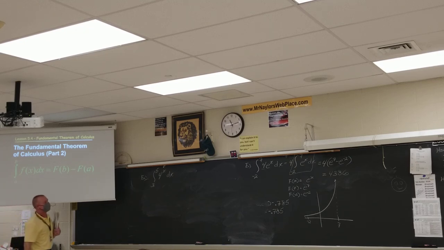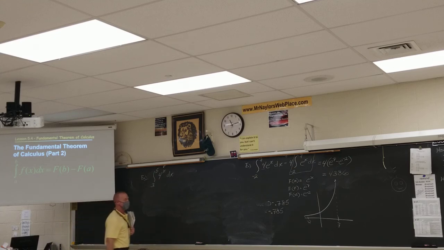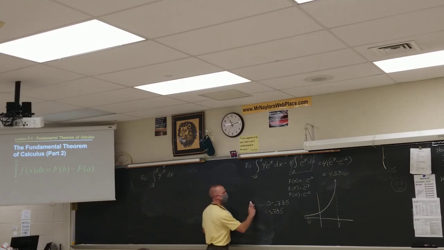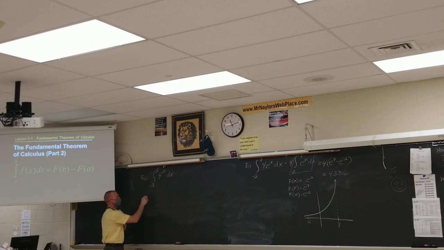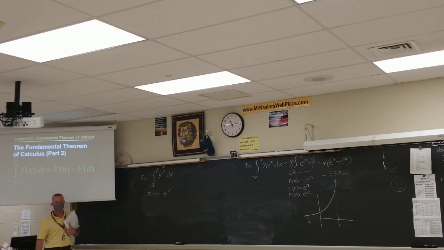And I hope you realize that it piggybacks because it's exponential. When something's exponential, it's got a special antiderivative. And that special antiderivative is the same, just like the derivative is the same.